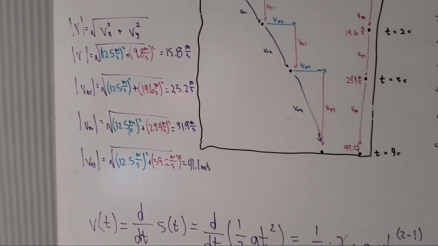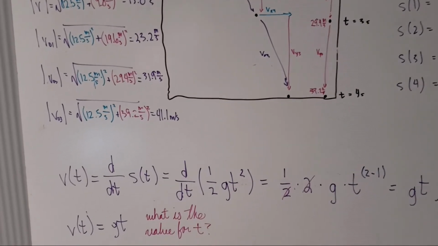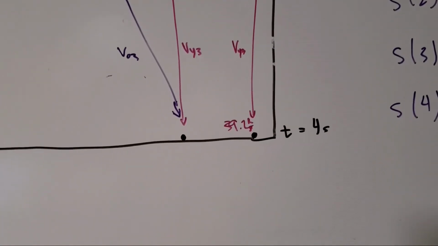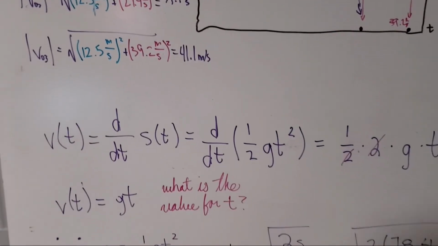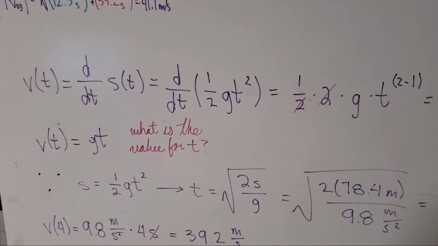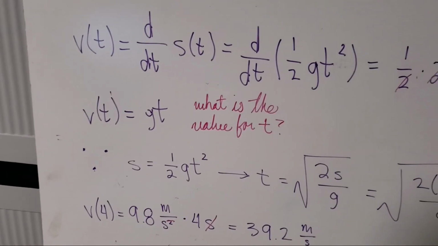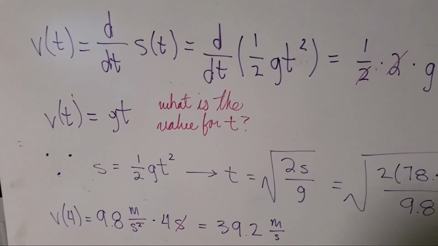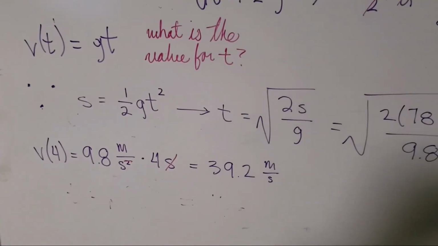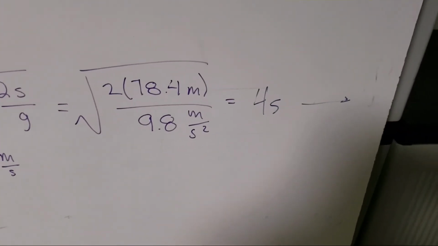Now, to confirm our calculations, we used the kinematic equations, and we got the velocity equation. What we wanted to do was essentially get the final velocity before the object hit the ground, and we calculated that by taking the derivative of the position function, which left us with v of t equals gt. And then we found the value for t, which we got right here, 4, and we essentially manipulated the distance formula to get that right here, and we indeed got 4 seconds.